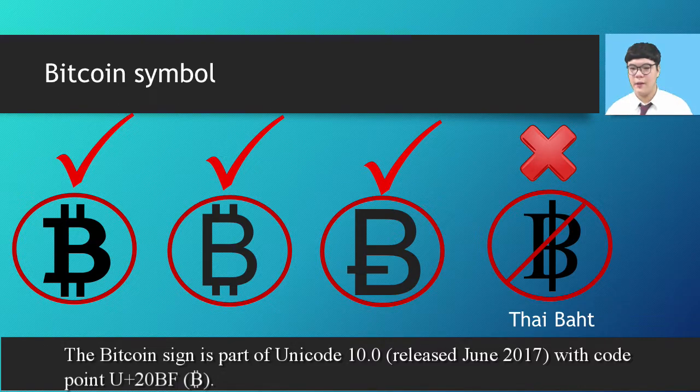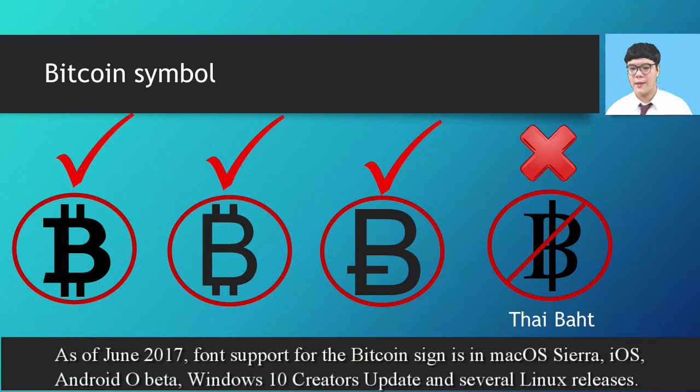The Bitcoin sign is part of Unicode 10.0, released June 2017, with code point U+20BF. As of June 2017, font support for the Bitcoin sign is in macOS Sierra, iOS, Android O Beta, Windows 10 Creators Update, and several Linux releases.